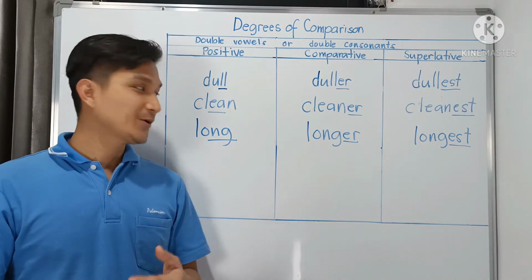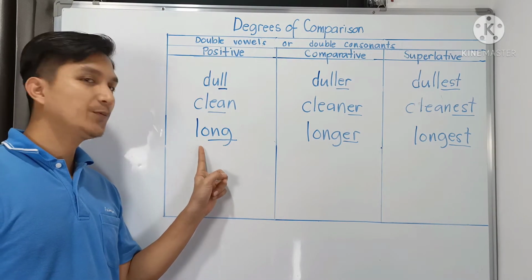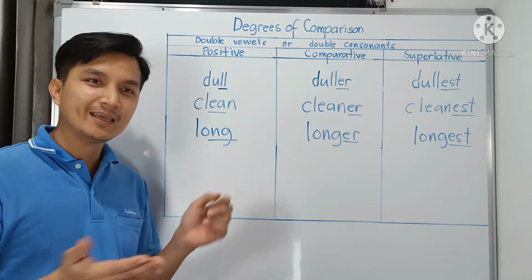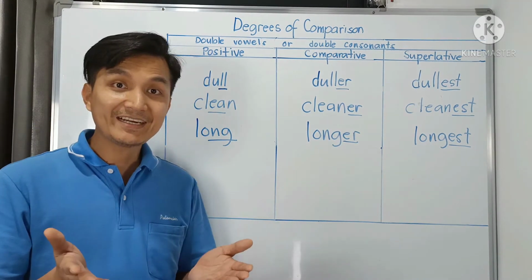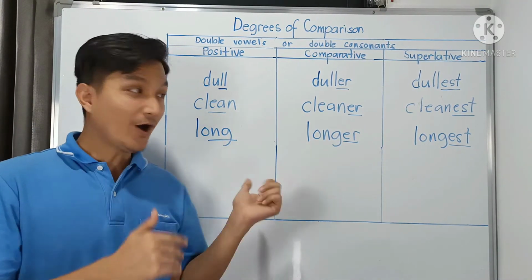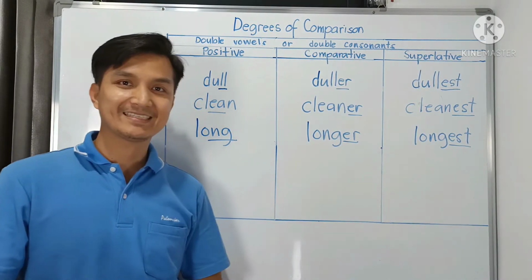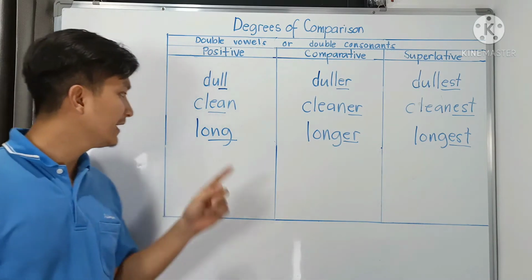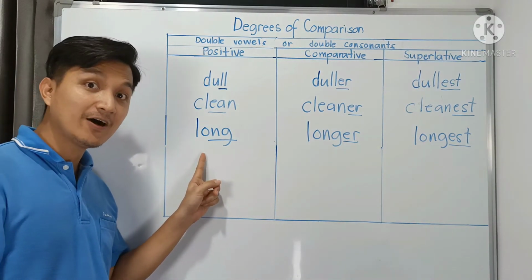For example, we're going to use the adjective long. Can you think of a long thing? Hair. So let's use long, longer, and longest. Anna has long hair.